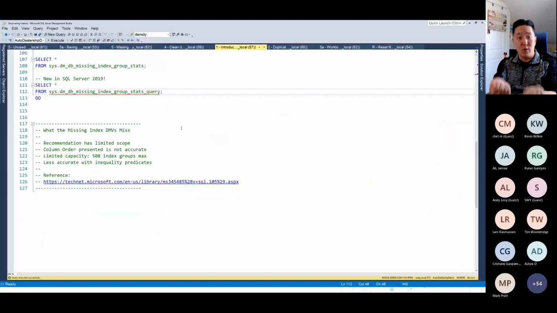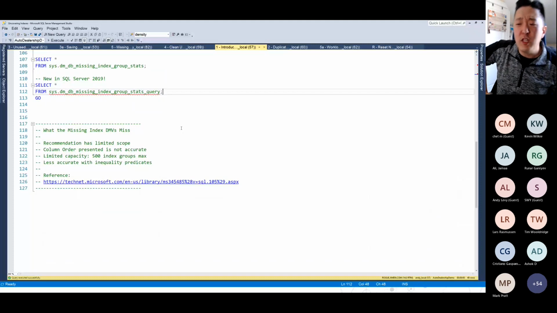We learned earlier that the ordering of your key columns is very important when it comes to navigating your non-clustered indexes. So if a missing index recommendation's key column order is rubbish, if it's in a pseudo-random order, how useful is that at face value?